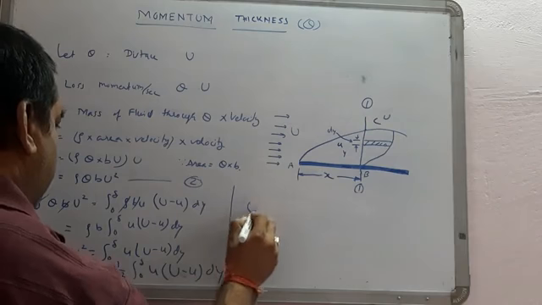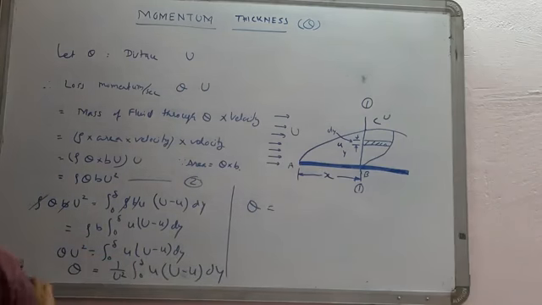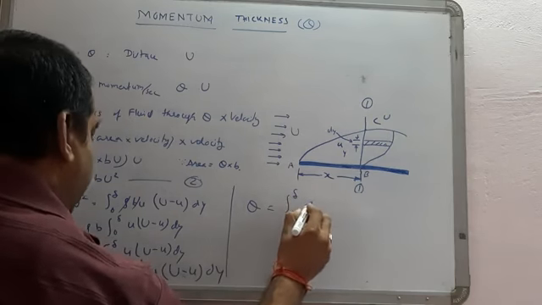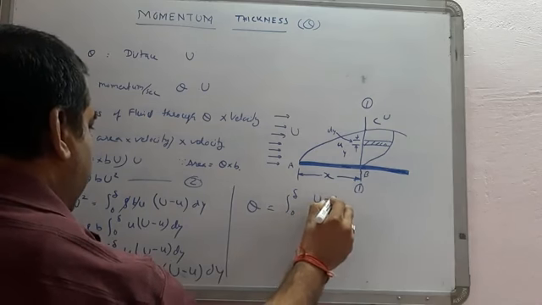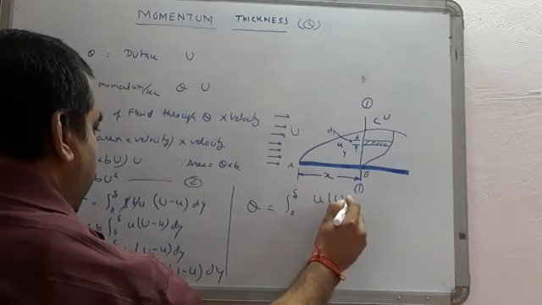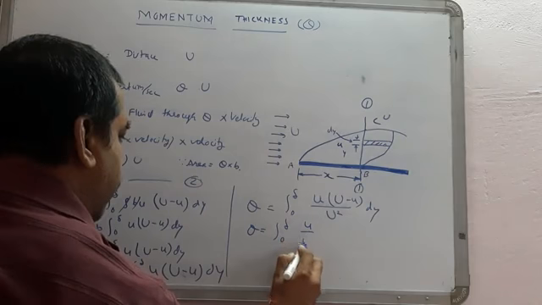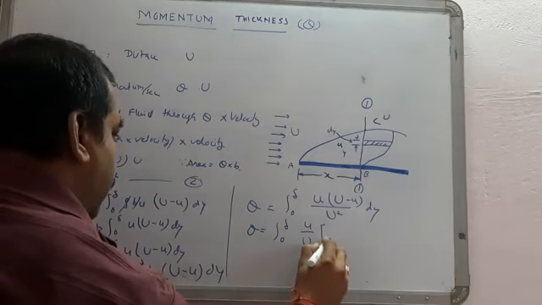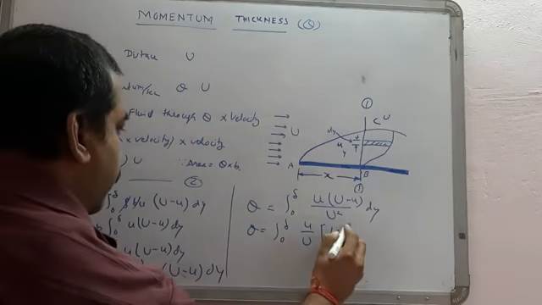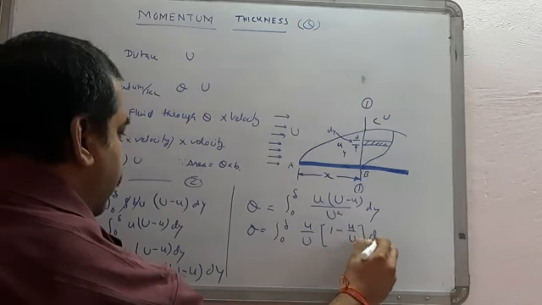Or theta equal to integration from 0 to del of u (U minus u) divided by U square, into dy, and this theta equal to integrating from 0 to del of u by U into (1 minus u by U) into dy.